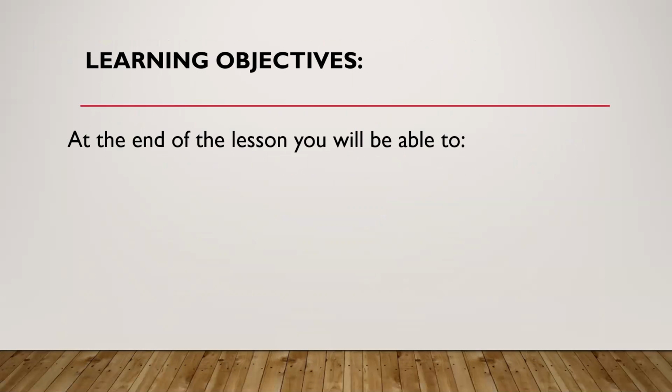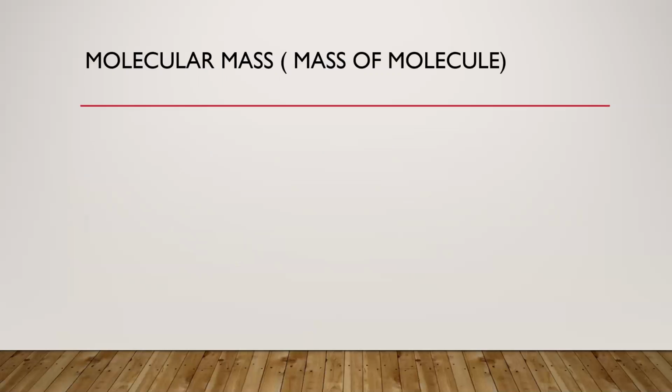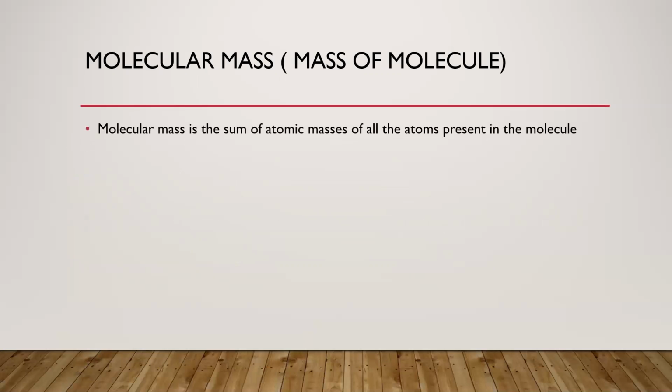At the end of the lesson, you will be able to define molecular mass, define formula mass, and determine molecular mass and formula mass. Molecular mass or mass of molecule is the sum of atomic masses of all the atoms present in the molecule.